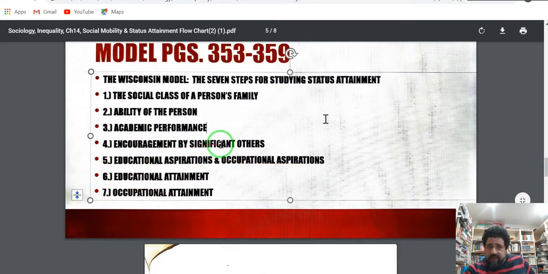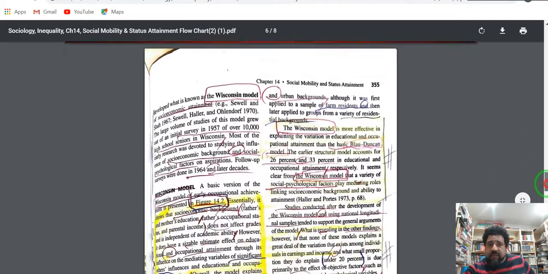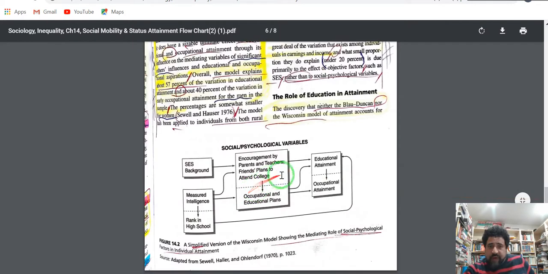Fifth, educational aspirations and occupational aspirations. That has to do with your plans, occupational and educational plans, and then what you attain, which is your sixth. And then lastly, seventh, right here, is your occupational attainment.